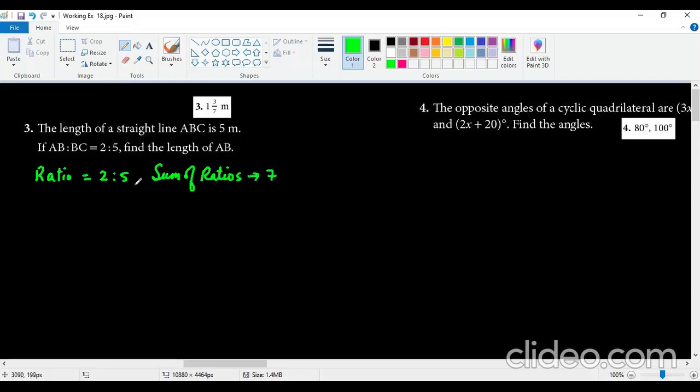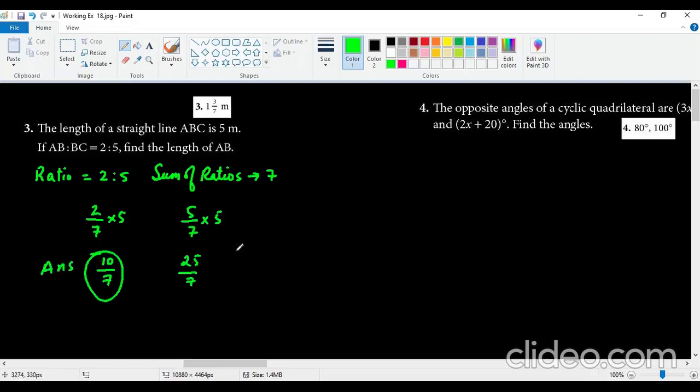So the first part, AB, is 2 over 7, and the second part is 5 over 7. When multiplied by 5, they give us 10 over 7 and 25 over 7, but they are asking for the value of AB, which is 10 over 7.